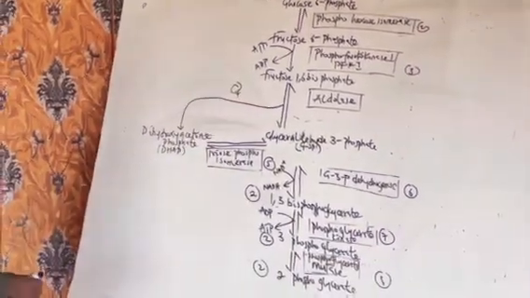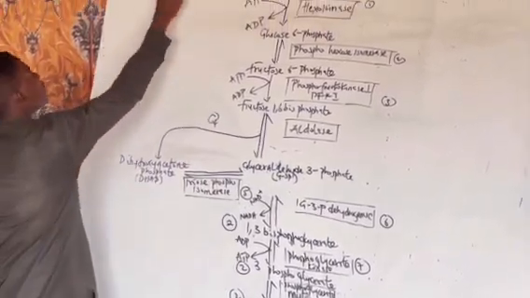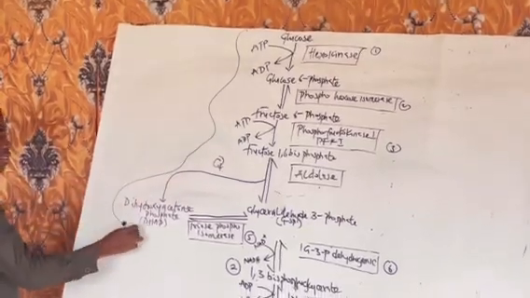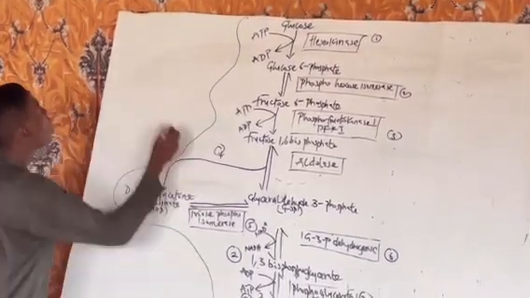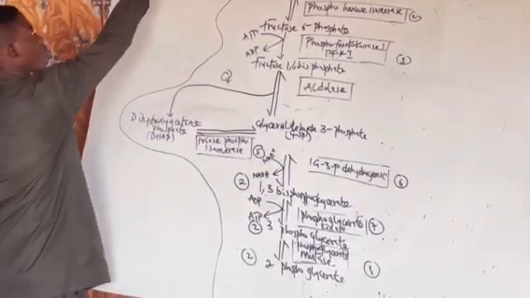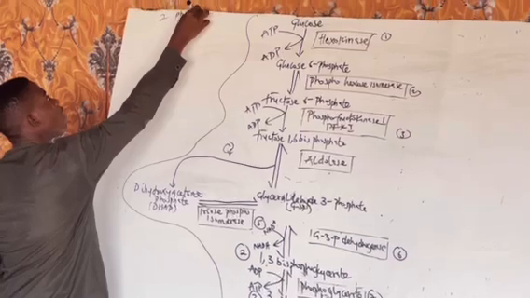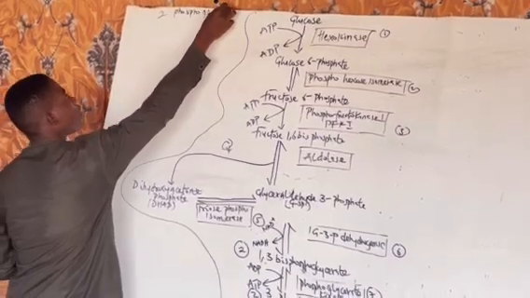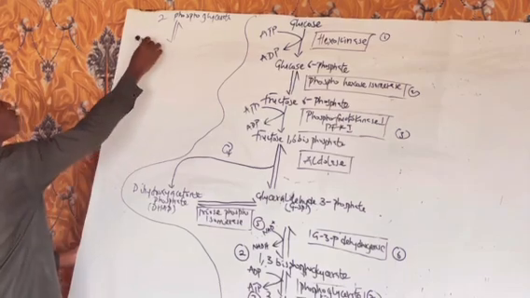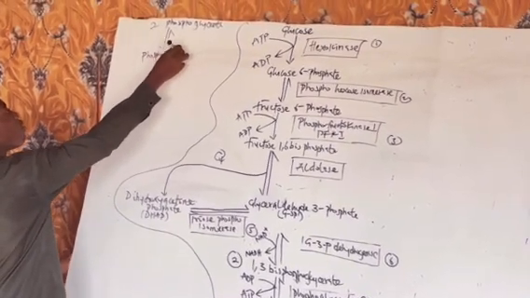And step 9. 2-phosphoglycerate is converted to phosphoenolpyruvate.